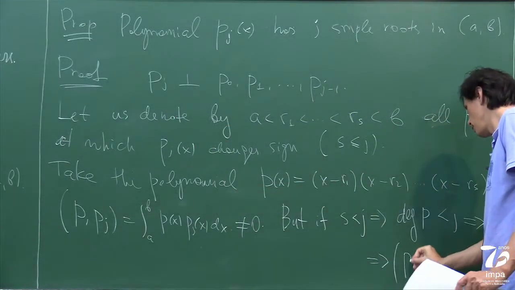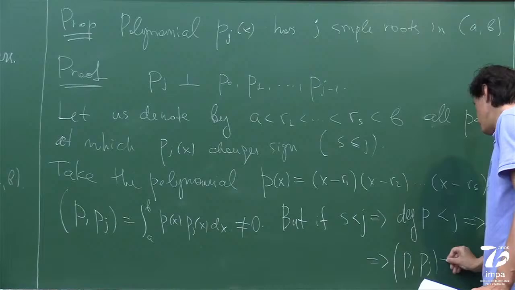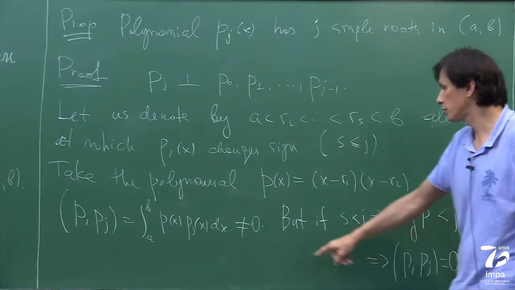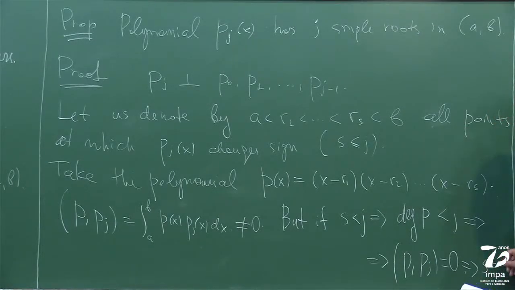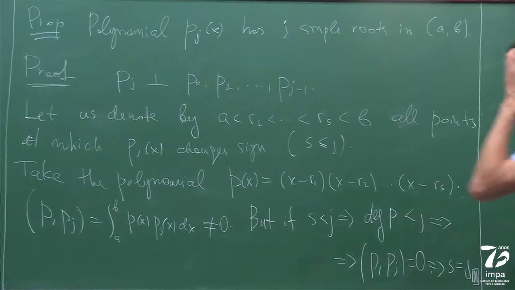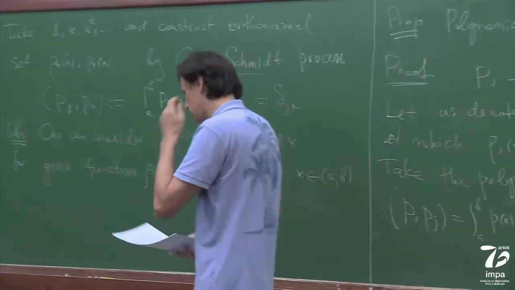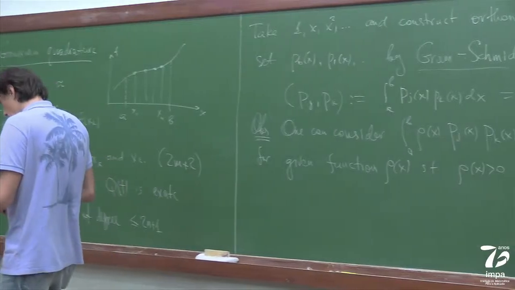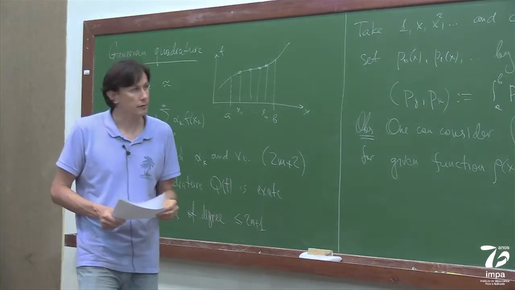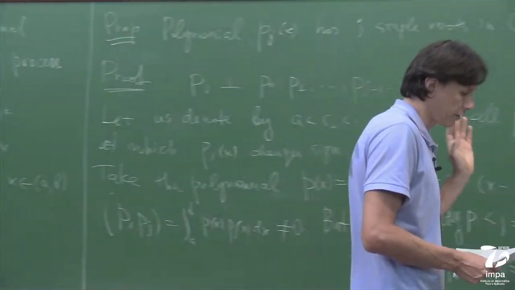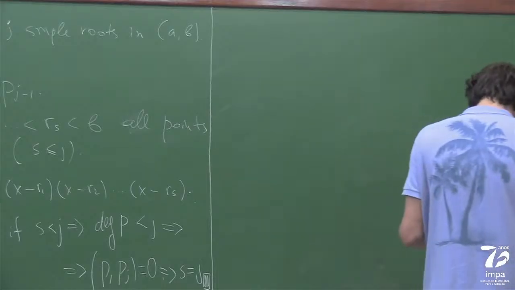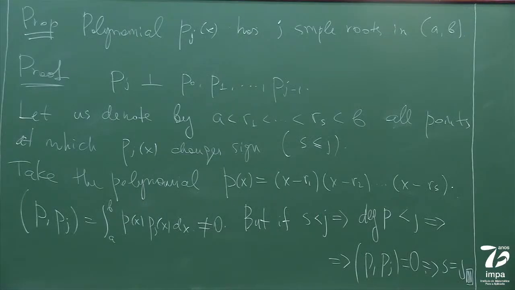So it means that the product should be 0, which would contradict our construction. So S equals j. We proved that whenever you take this Gram-Schmidt process and construct polynomials, you construct very nice polynomials: for every j, all their roots are real and placed inside the interval.